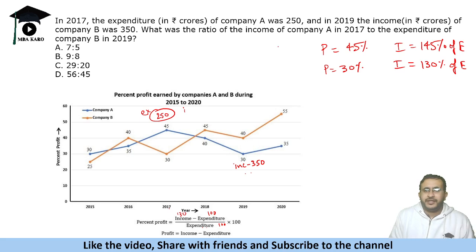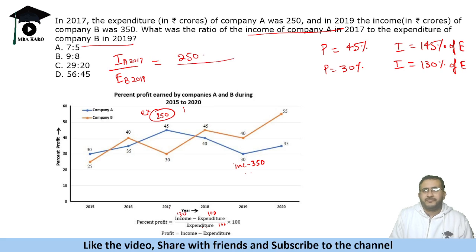Now, what we need to find? Income of A in 2017 to the expenditure of B in 2019. That is the ratio that we need to find. For A, the expenditure is given as 250. Income will be 145 percent of it.